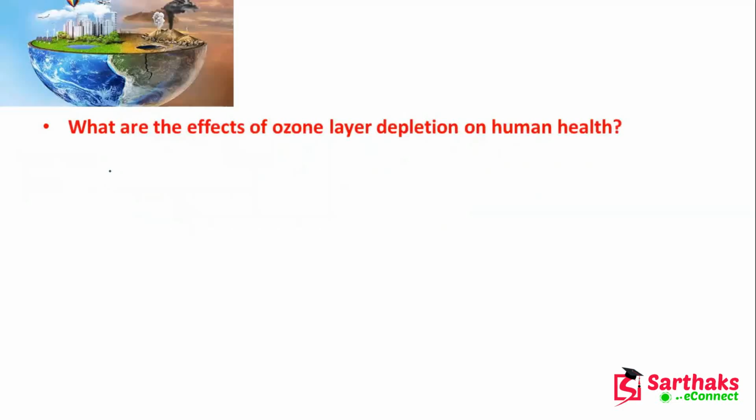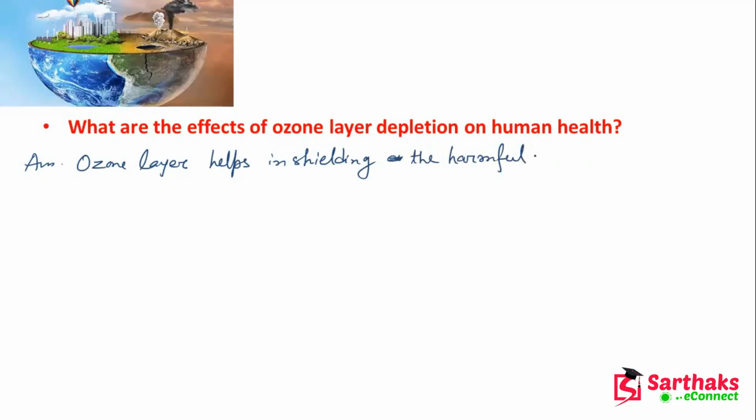Next question, what are the effects of ozone layer depletion on human health? The ozone layer helps in shielding the harmful ultraviolet rays of the sun.